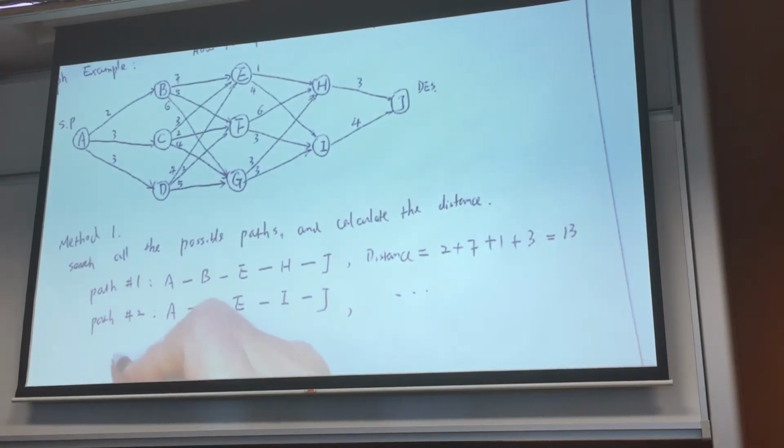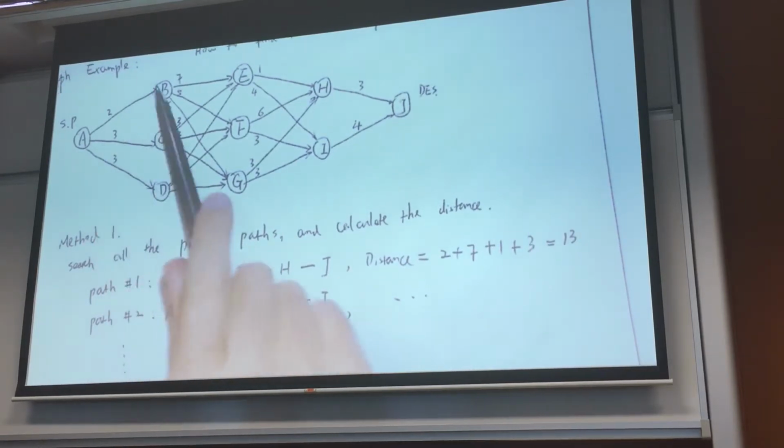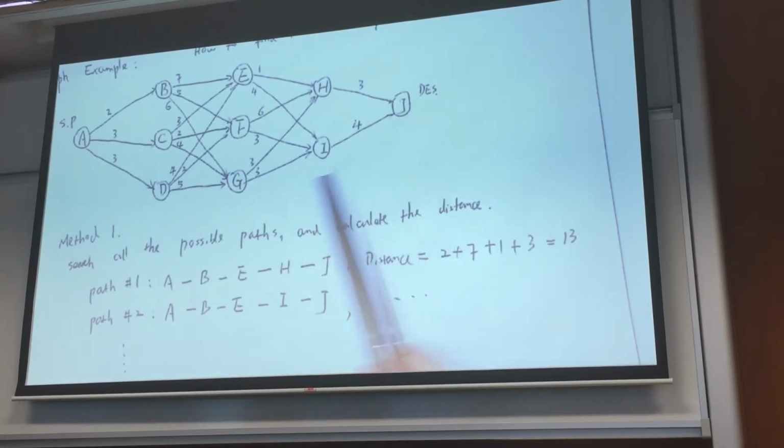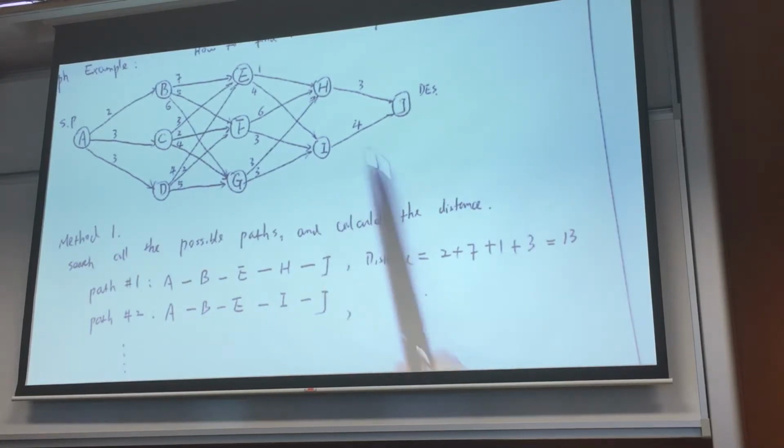There are a lot of combinations, but it's the simplest method. The concept is very simple: you search all the potential paths and calculate the distance. Then from these distances, you will know which one is the optimal path.